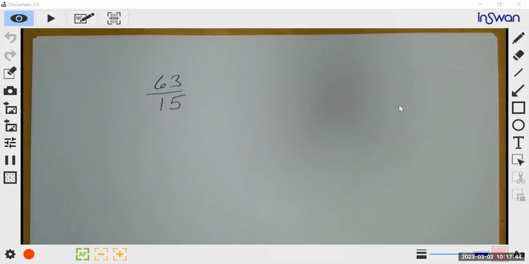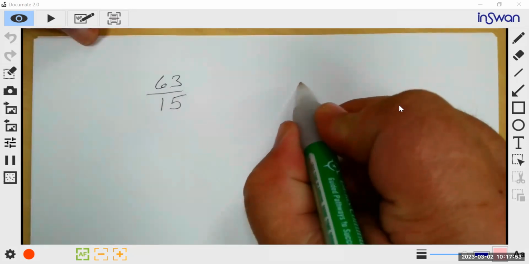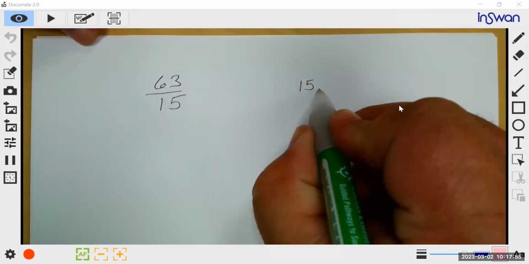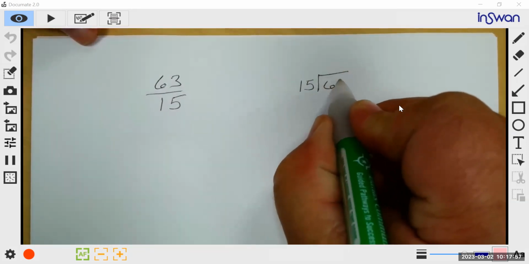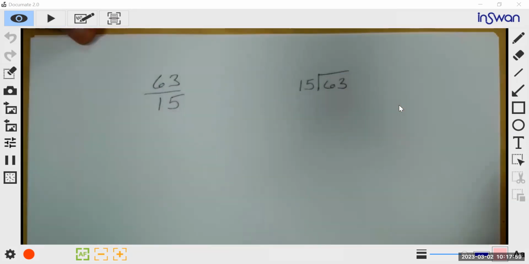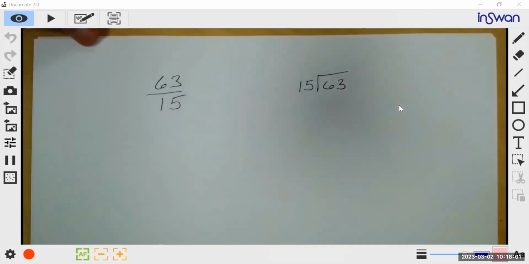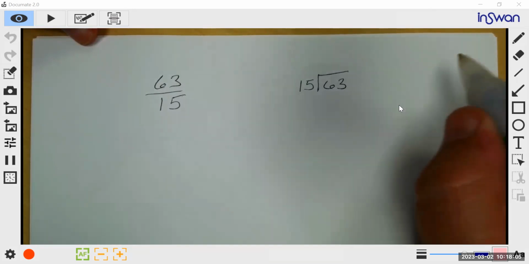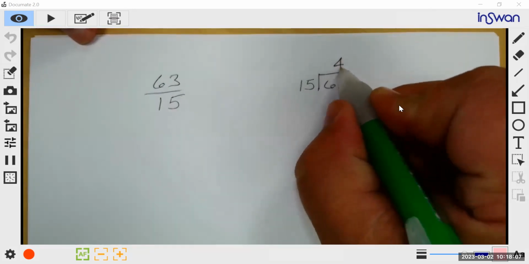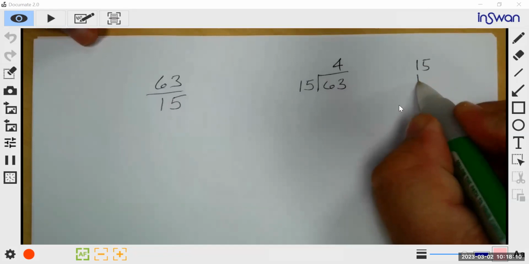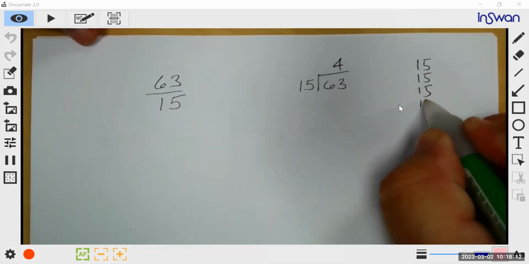63 over 15. Is it an improper fraction? Yes. How many times does 15 go into 63? 4 times. Because it's 15 plus 15 plus 15 plus 15.